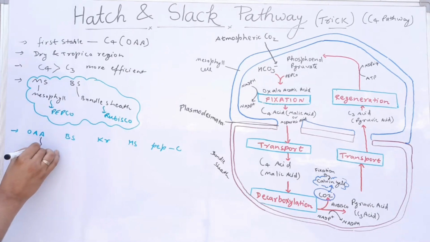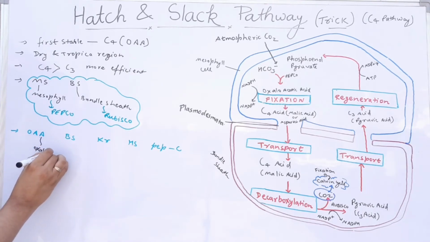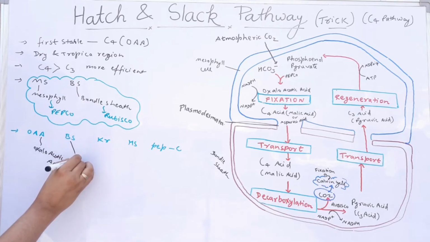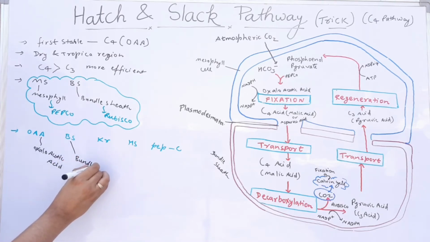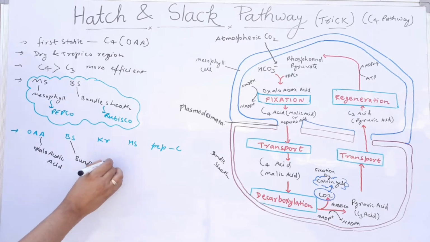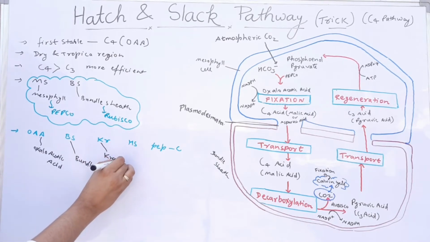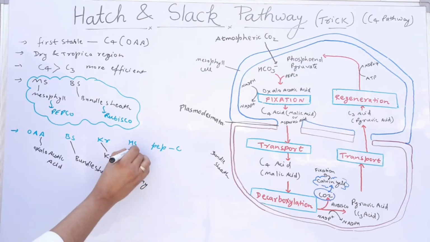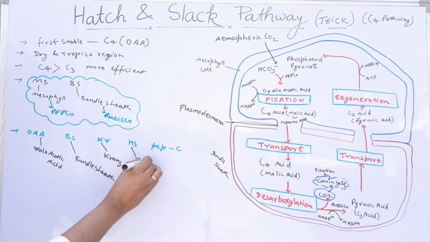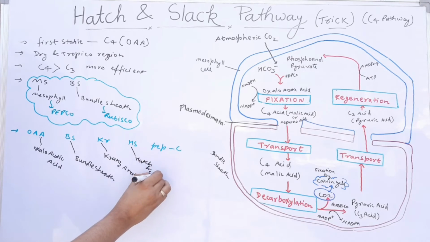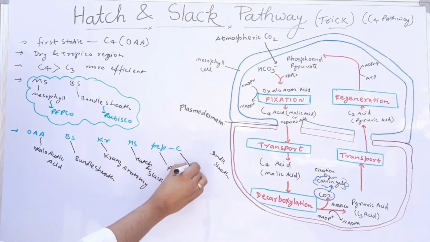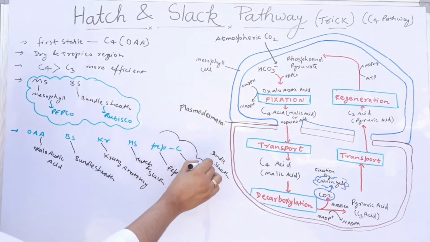The trick is: oxaloacetic acid, bundle sheath, Kranz anatomy, Hatch and Slack, PEP carboxylase, and C4 cycle. Most of the questions will be decoded from these easy tricks.